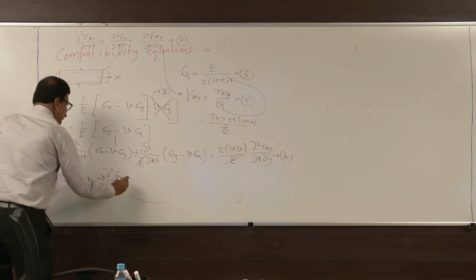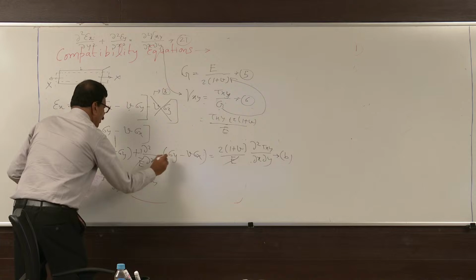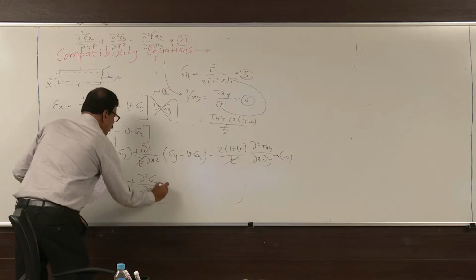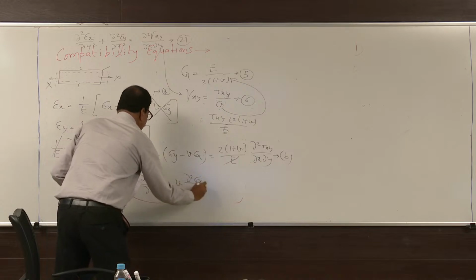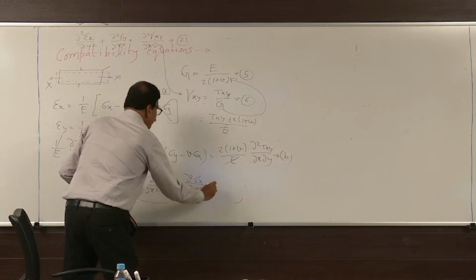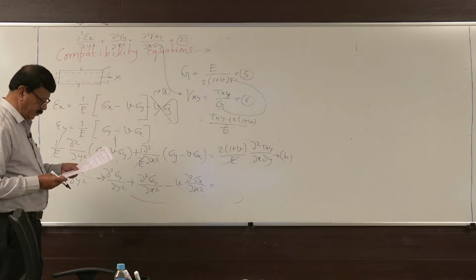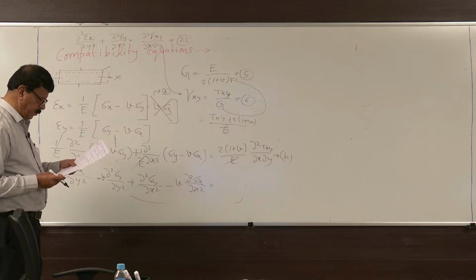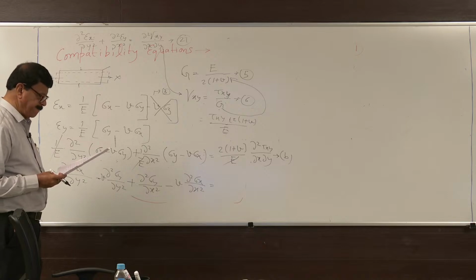V is here, plus del square sigma y upon del x square minus v del square sigma x upon del x square is equal to the same.